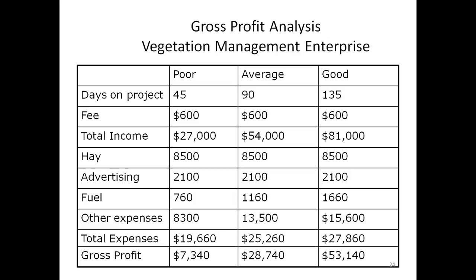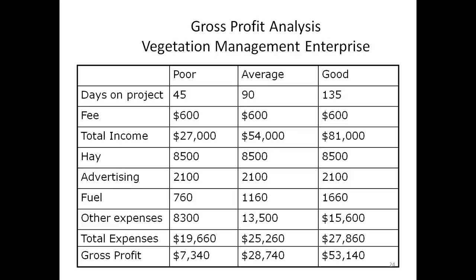It could be any of those items. Look at how your gross profit varies depending on whether you have a good year, an average year, or a very good year. That way you can look at which one matters, just a way of running what-if scenarios. So this is a good way you can set it up.